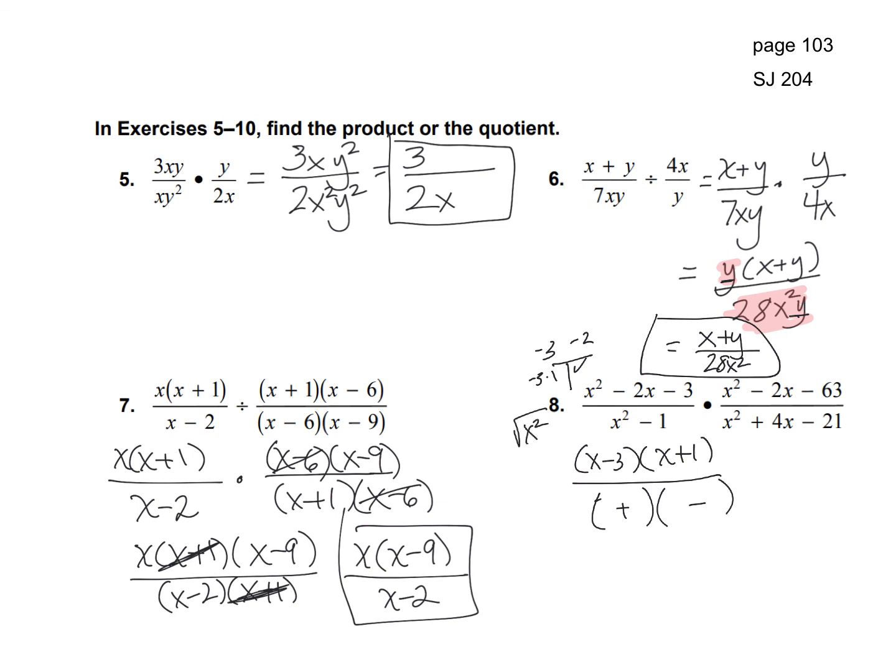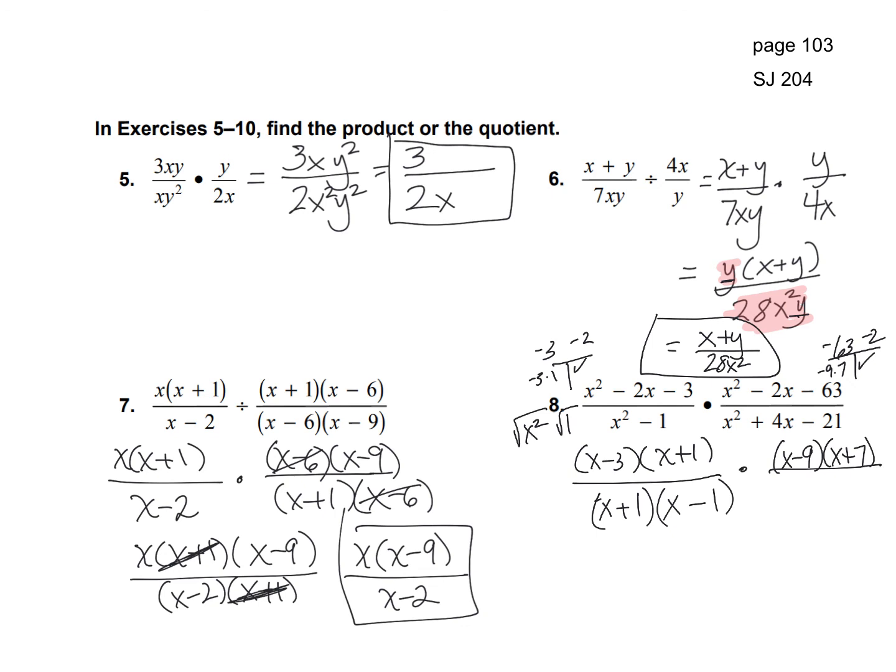I'll take the square root of x squared, that would be x. I'll take the square root of 1, and that would be 1. And then for my second trinomial, I want factors of -63 that will give me a sum of -2. I think that's -9 times 7. And then that would factor into x minus 9 times x plus 7.